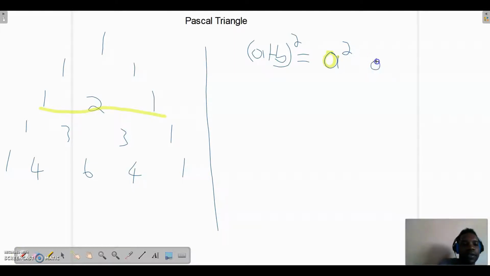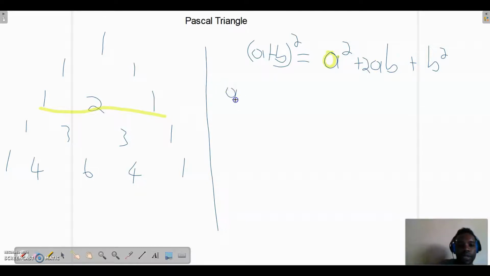So you have a b. The a goes down to 0 and the b comes in. So you have b squared, right? And we add them. What is missing now is the coefficients. And if you look at this line here, you realize that the coefficients are 1, 2, 1. So the coefficient of a squared would be 1, the coefficient of ab would be 2, and the coefficient of b squared would be 1.